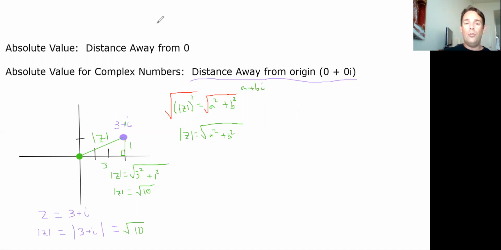Friends, how about you try one of these yourselves, and then we will call it a day. I would like to know, what is the absolute value of negative 2 plus 7i? I also want you to graph the point, -2 plus 7i.